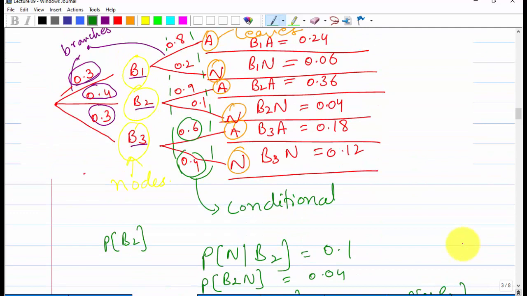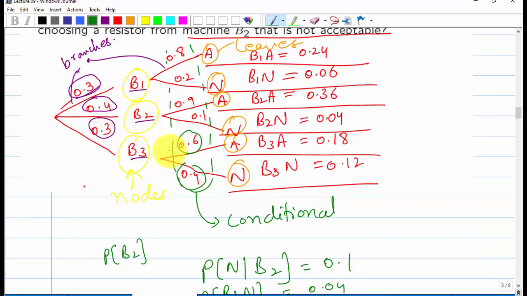Also we can see this probability from the tree: the probability of B2 is also 0.4.